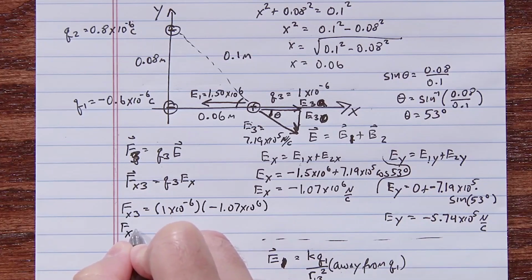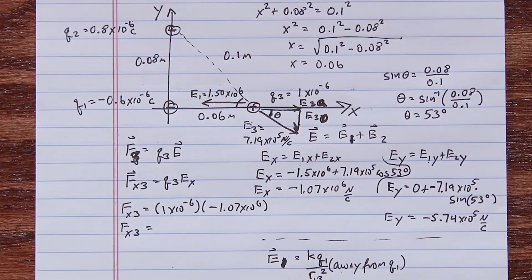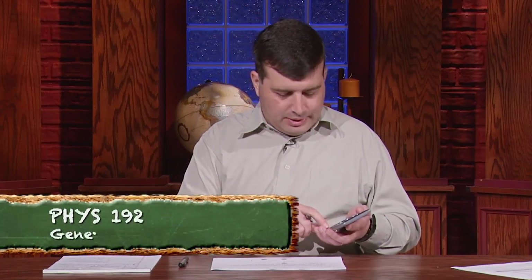So the x component of the force on charge 3 is 1 times 10 to the minus 6 times negative 1.07 times 10 to the 6.